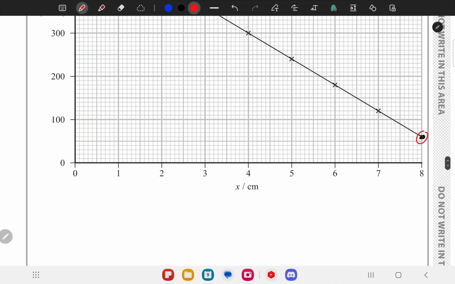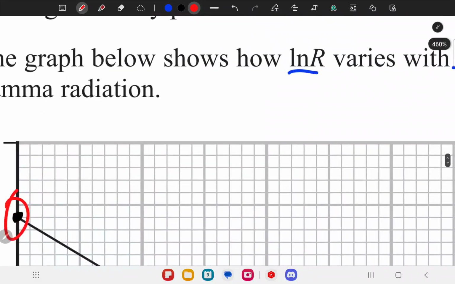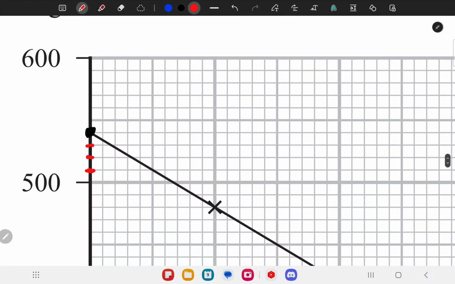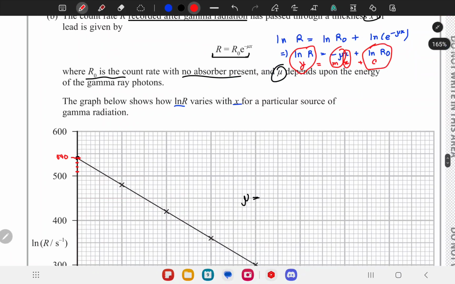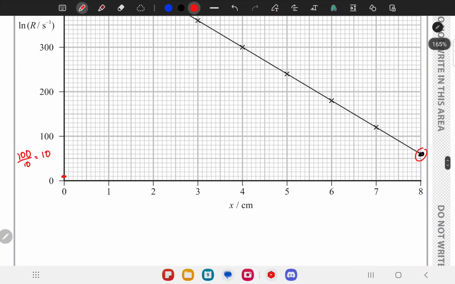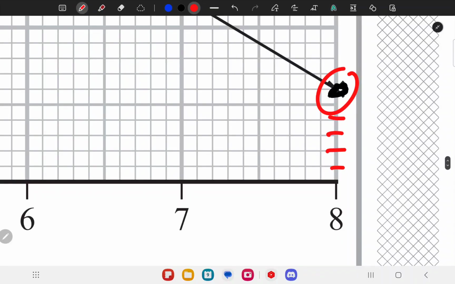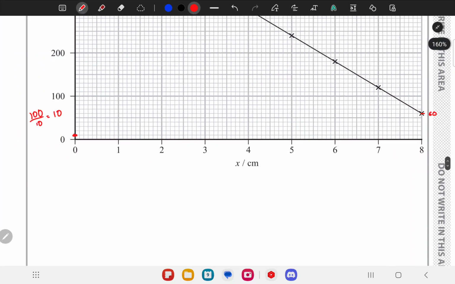Each 10 boxes on the y-axis is 100, so each small box is 10. So this value over here would be 510, 520, 530, 540. And this value over here would be 10, 20, 30, 40, 50, 60. So this value over here is 60.